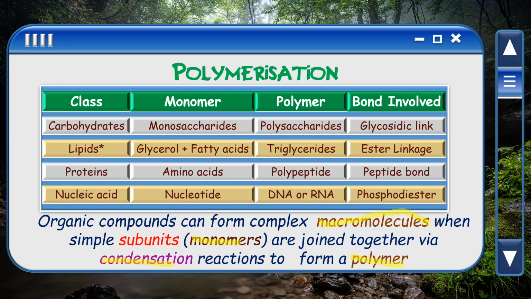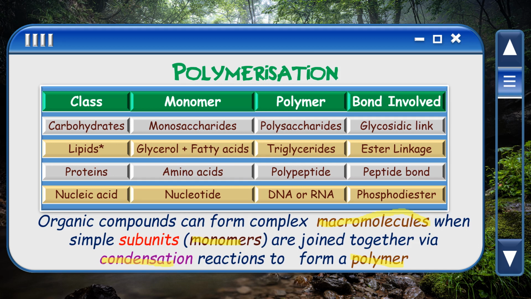Another class is the nucleic acid. Nucleic acids, they have monomers we call nucleotides. And when a nucleotide reacts with another nucleotide and another nucleotide, we get polymers.